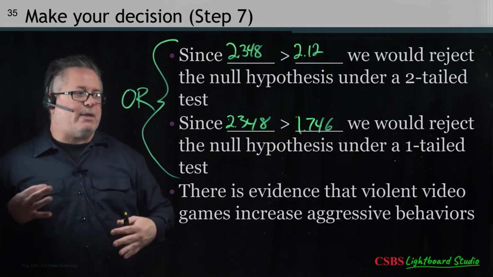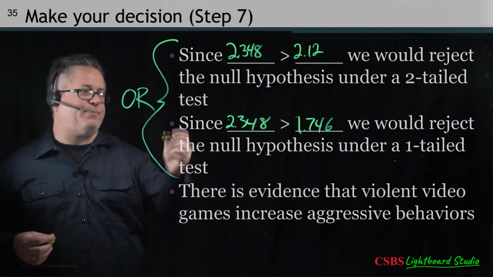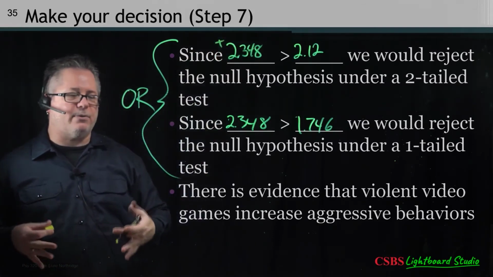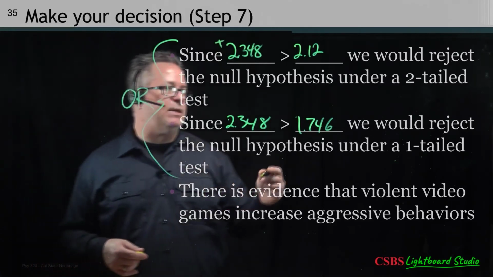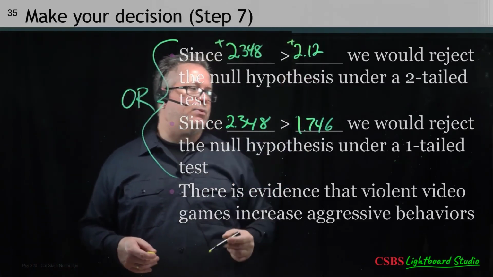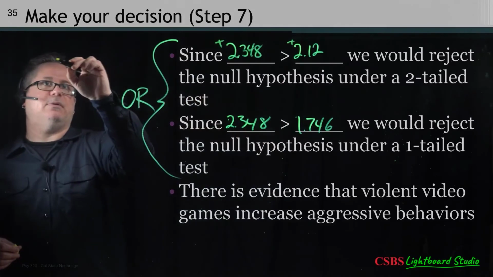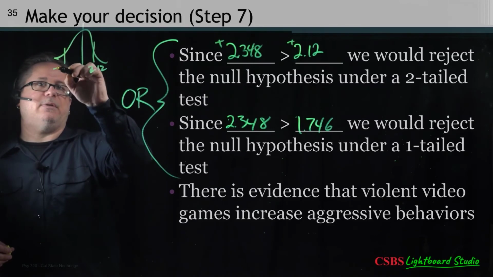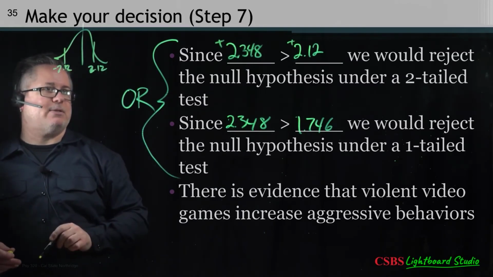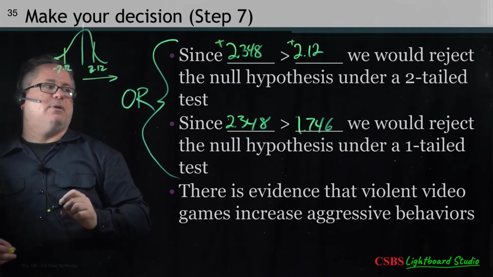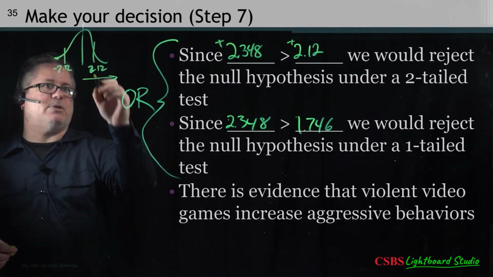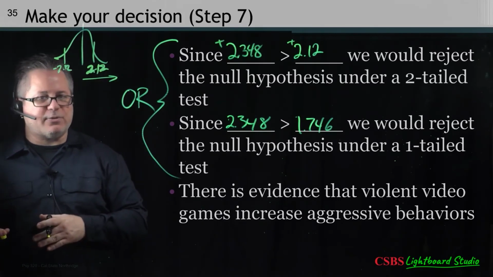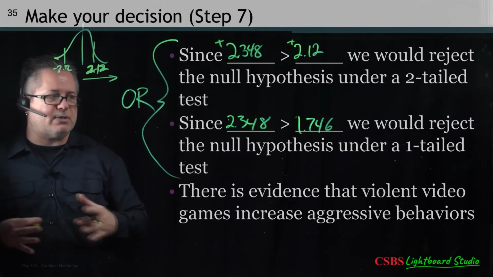So either way, because this is positive, right, remember we were interested in the absolute value, but because 2.348 is larger than the positive 2.12, it tells me that I have 2.12 and negative 2.12 as part of my two-tailed test, and it's out here. It's larger than 2.12, which means that there were more aggressive behaviors for GTA than for Lego, because that's how we subtracted them.